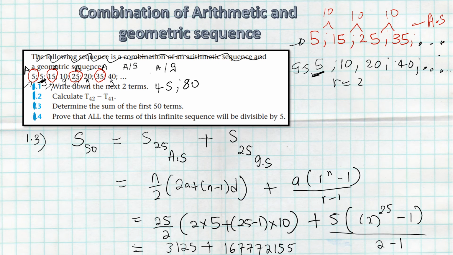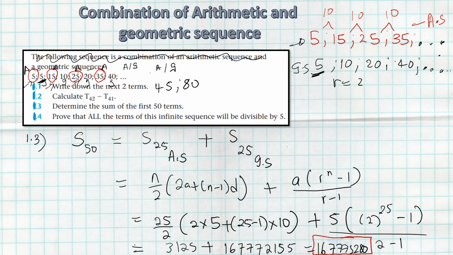Okay, when we get the answer for arithmetic, I'm getting 3,125. So the sum of geometric, I'm getting 16,777,215. Right. So if we add the two, let me see very fast. It's gonna be 16,780,340 as the final answer for the sum of the first 50 terms.